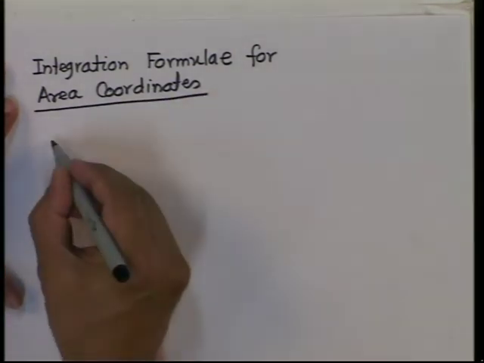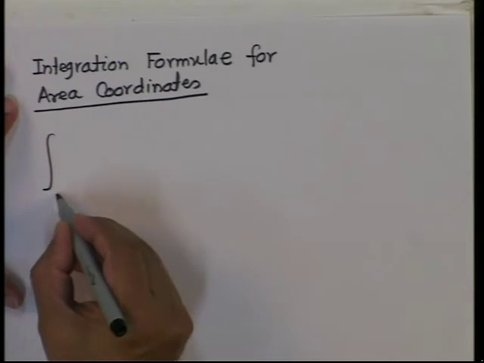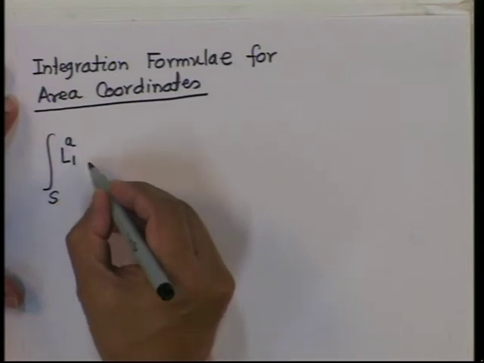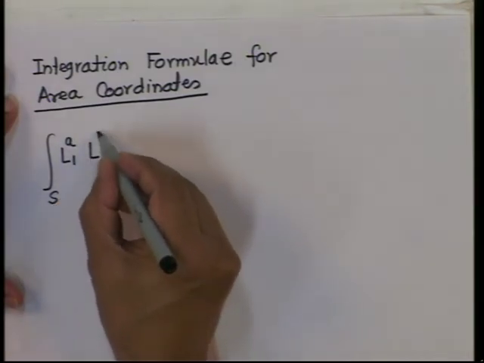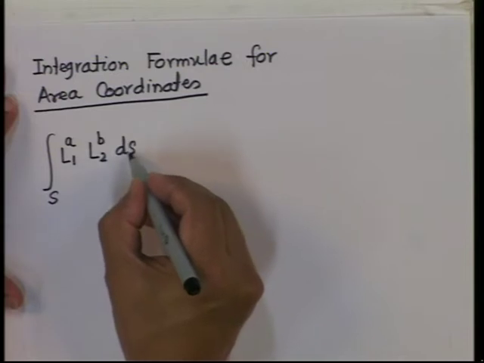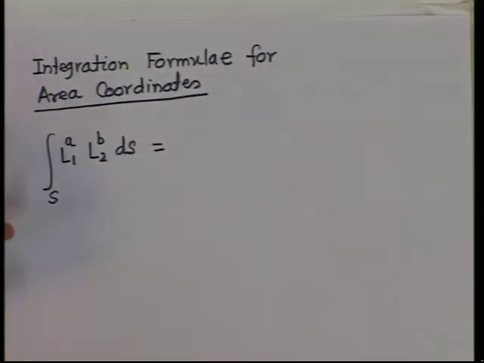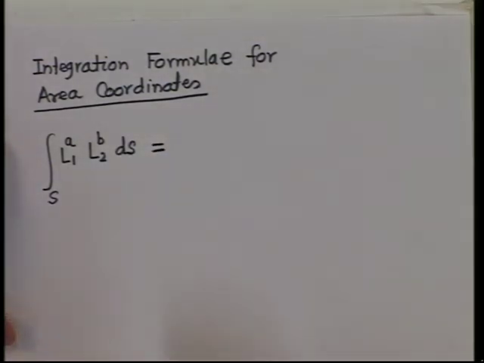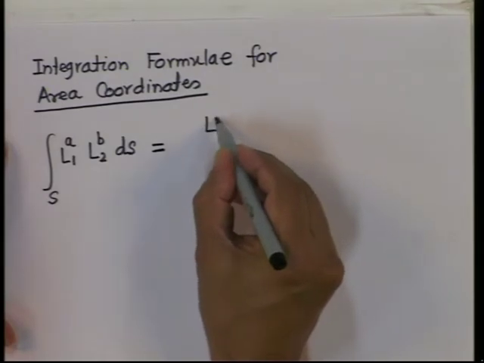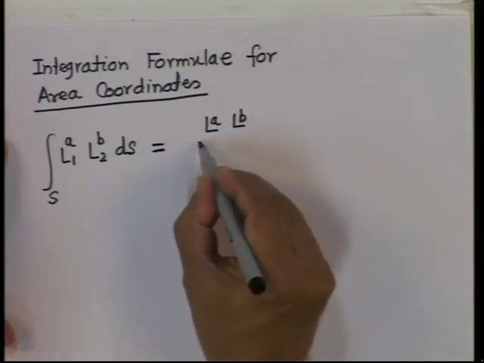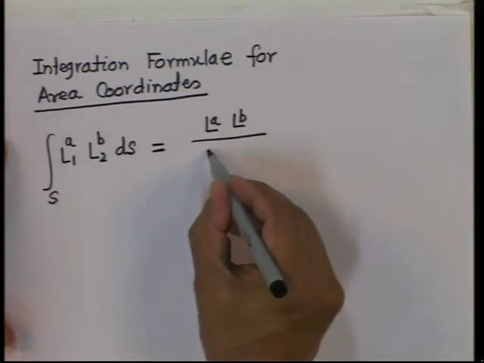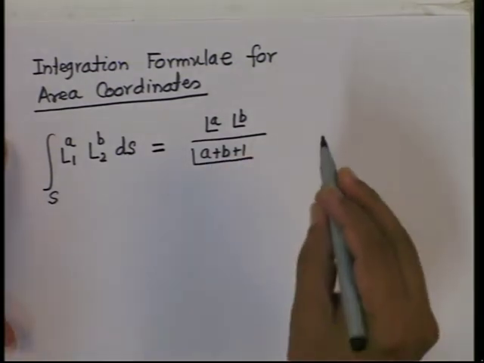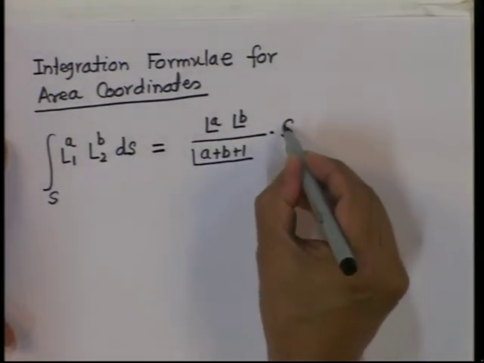One integration formula is: if you have to integrate over a line, S is the line integral, not the curve, and you have L1 to the power A, L2 to the power B, then it is factorial A, factorial B, divided by A plus B plus 1 factorial, times the total length of the curve.